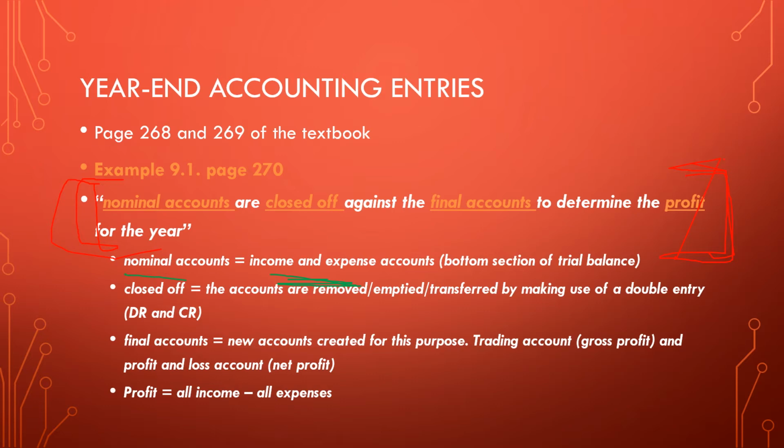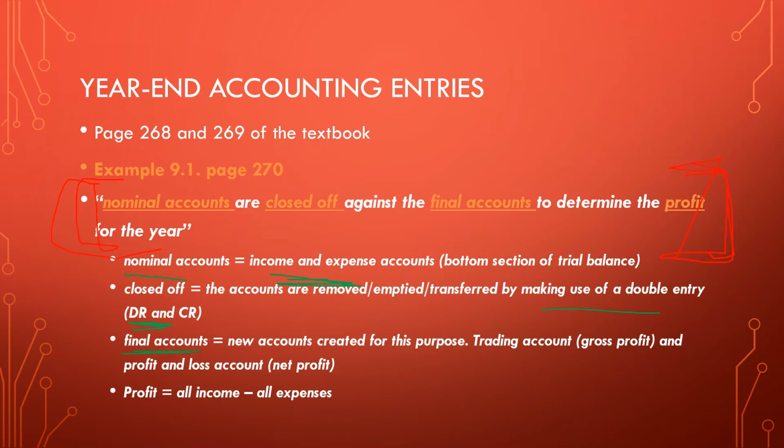We are literally taking their contents and transferring them to the final accounts, and we do this by making use of a double debit and credit entry. So we're taking all our expenses and all our income, and closing them off to our final accounts.